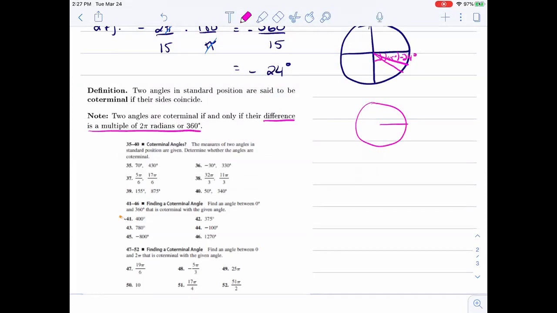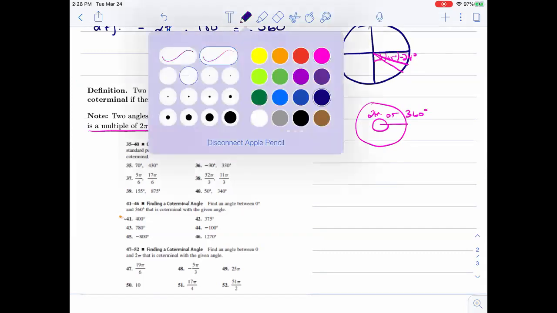So from here, if we've gone a distance of 2 pi or 360 degrees, then they're coterminal.